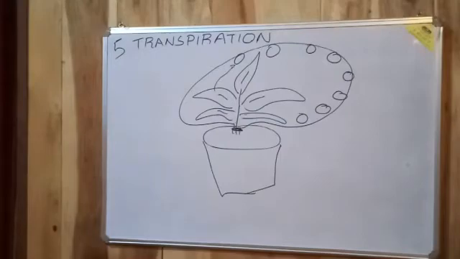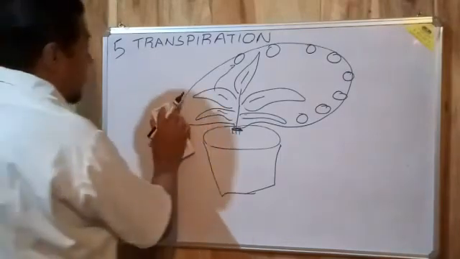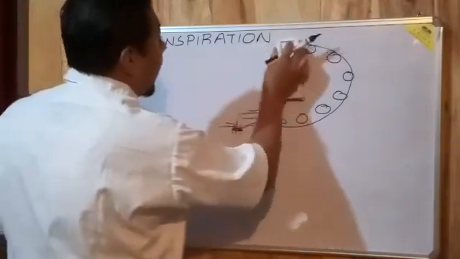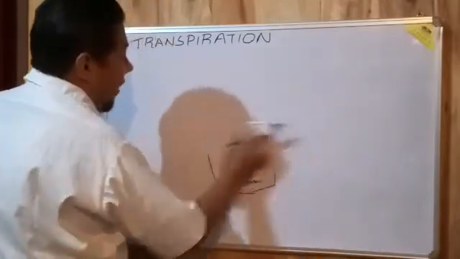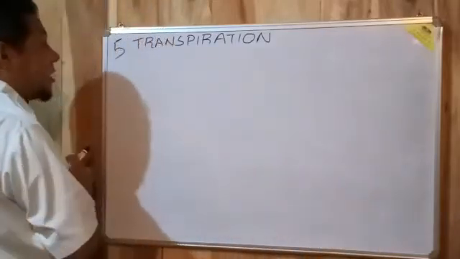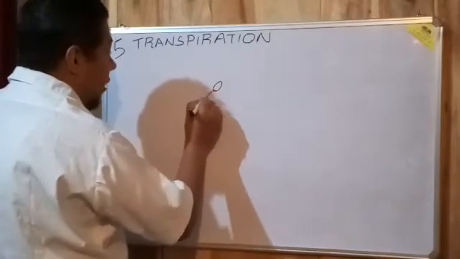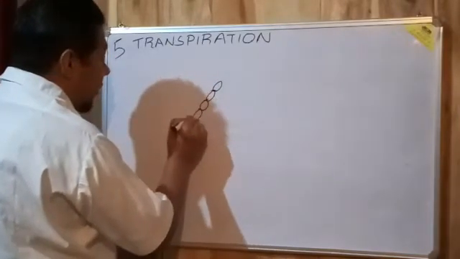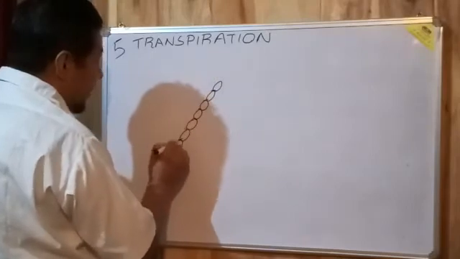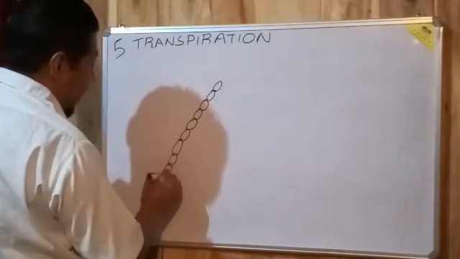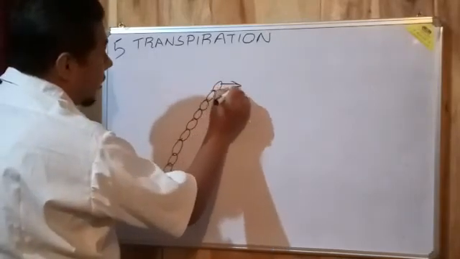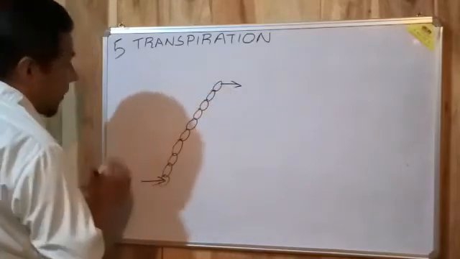Now, why is there a need for transpiration? We will try to understand why. Water forms a continuous chain in the stem of the plant. When one water is lost, one water will be added at the base.